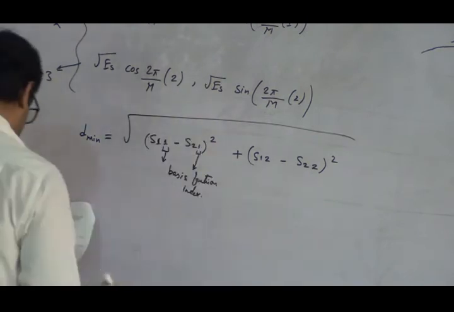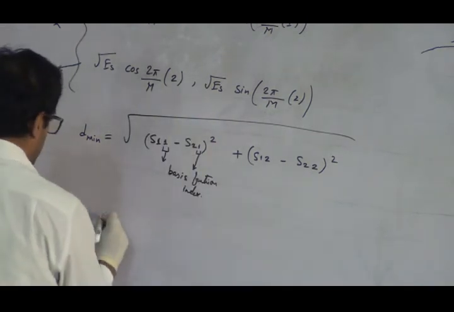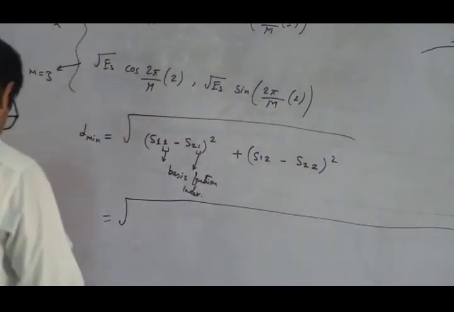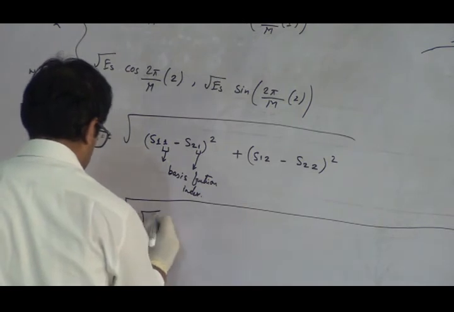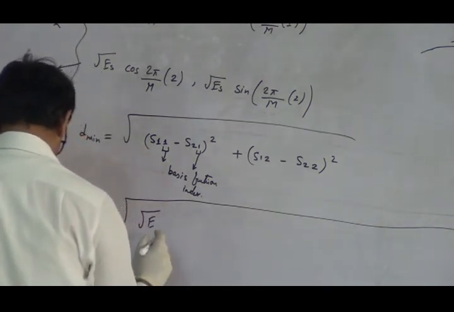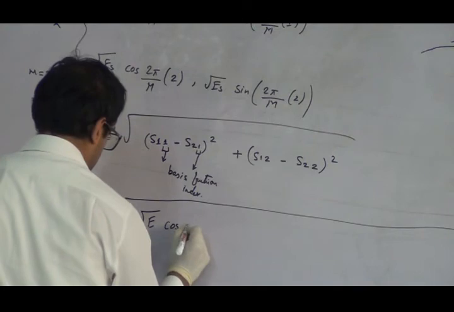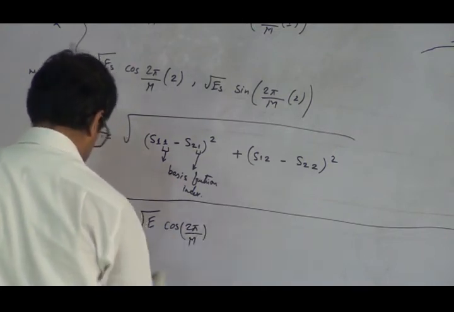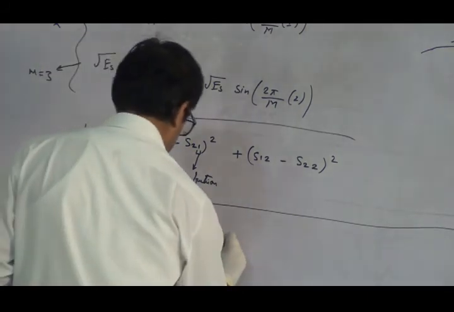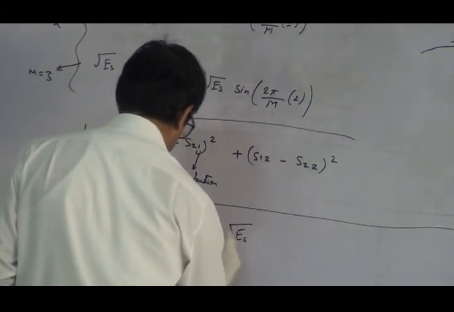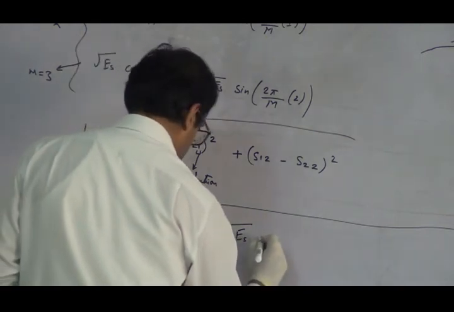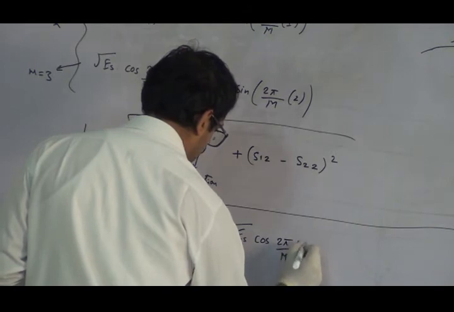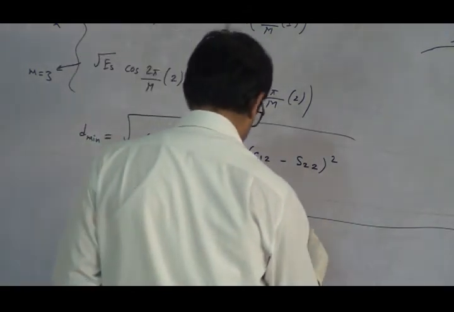So if you substitute the values, you end up getting a very lengthy expression: under root E cos 2 pi by m minus under root E cos 2 pi by m times 2, whole square.